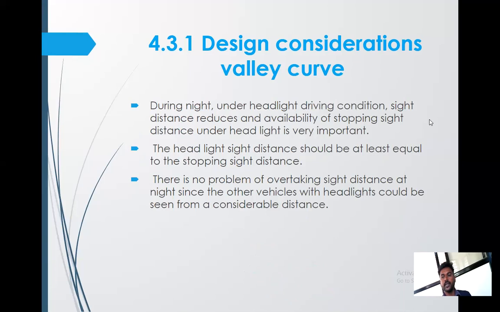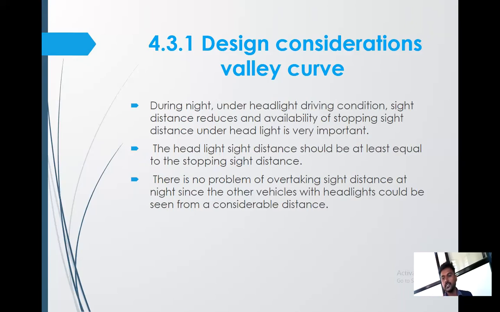During night, under the headlight driving conditions, sight distance reduces, and the availability of the stopping sight distance under the headlight is very important. During the night, what will happen? The sight distance reduces. In the daytime I have more sight distance in the valley curve, but during the night the sight distance is only considered with regard to the headlights of that vehicle. So it is very important to calculate the headlight distance.